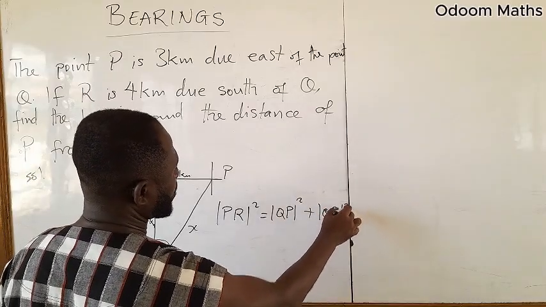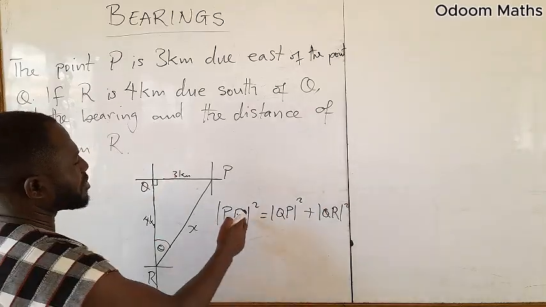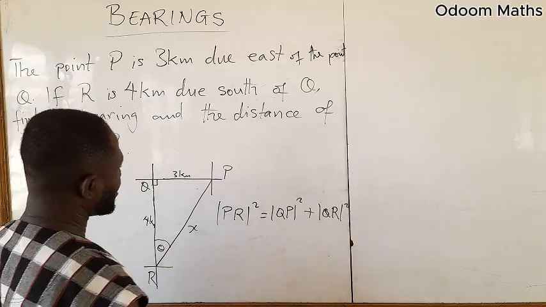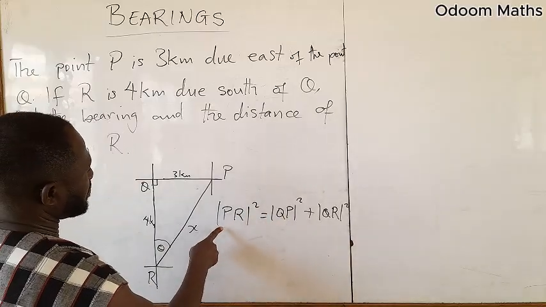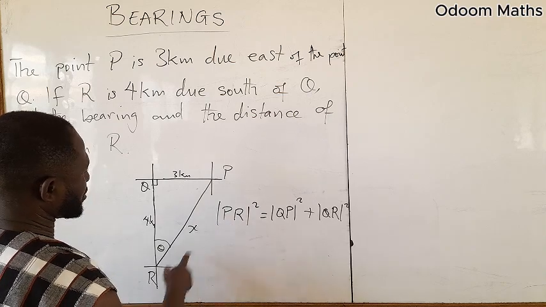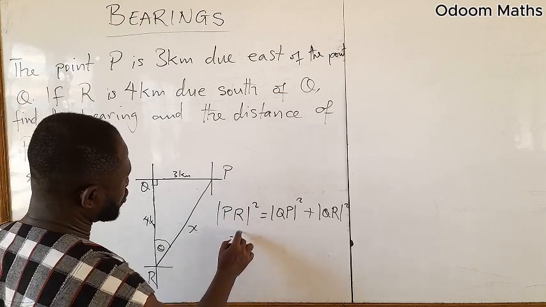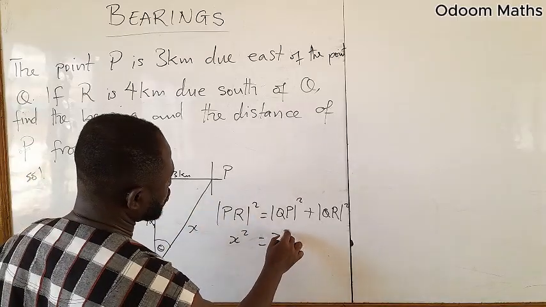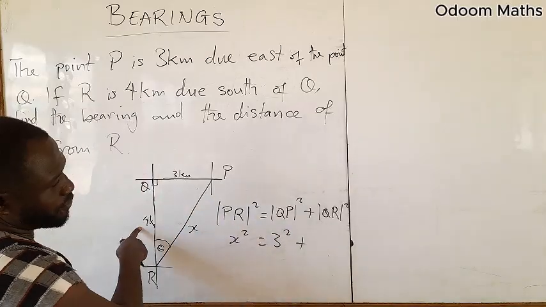This symbol means the absolute value, that is the distance symbol. The line PR, we don't know, so that is what we marked x. So x squared is equal to QP, which is 3 kilometers, so 3 squared, plus QR, which is also 4 kilometers.